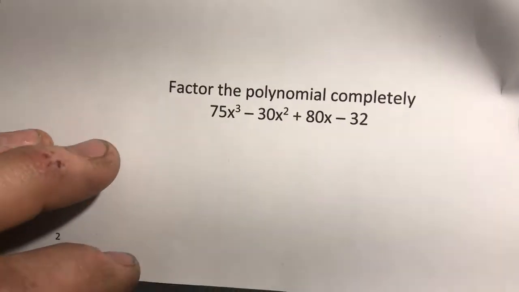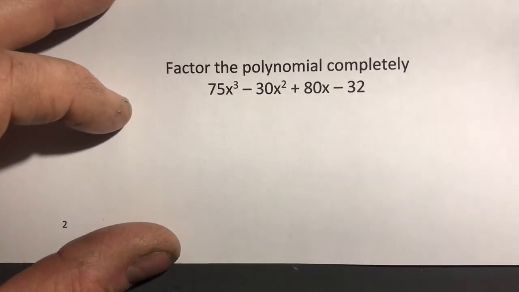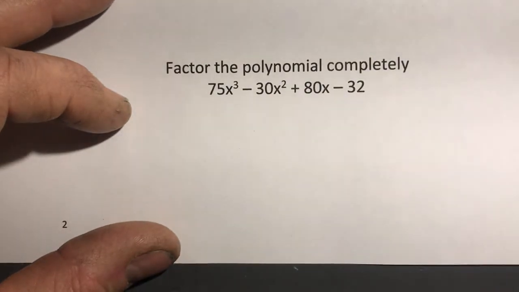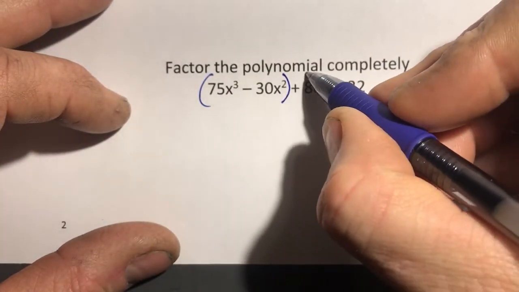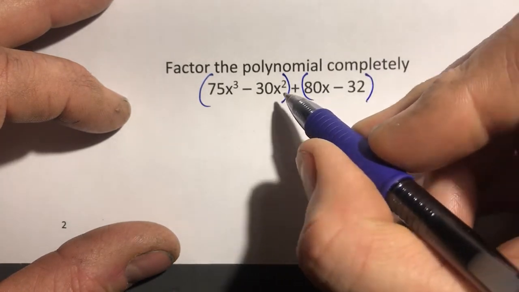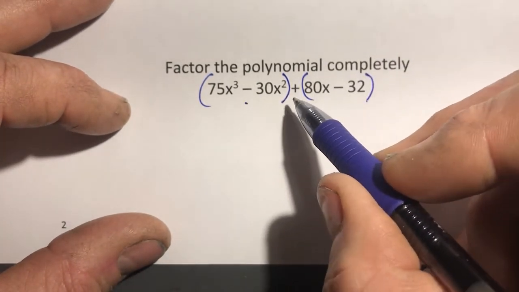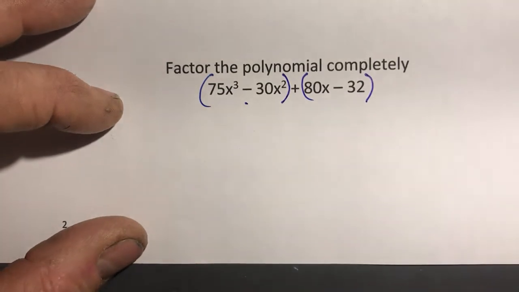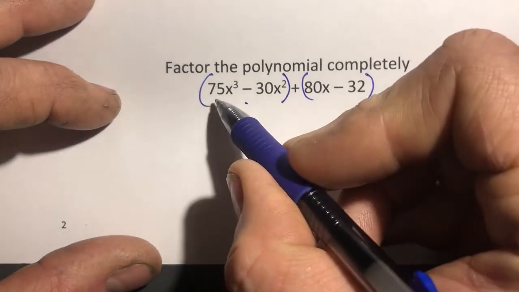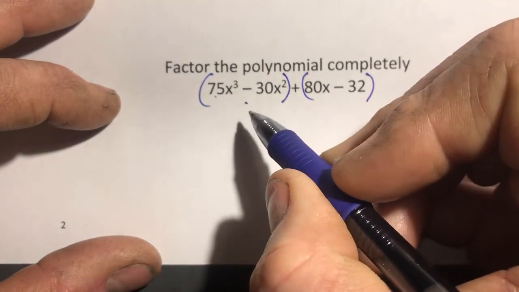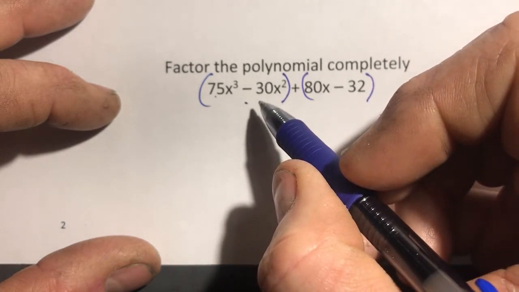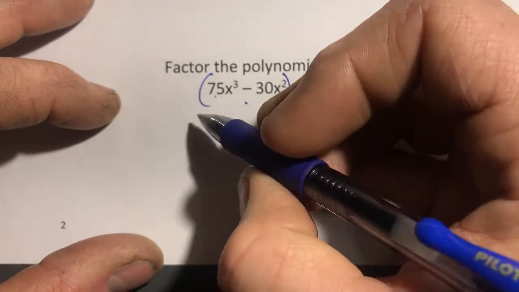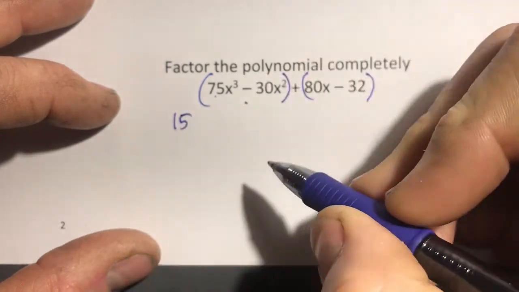And then one last one here. And this one has just one variable on it. So I group these two together. And then there's a plus there, so I'm going to leave it in the middle there. And I got this binomial plus that binomial. And I look for my common factors. So in this, 75 and 30, let's see, 5 goes into those. 15 goes into them. 15.